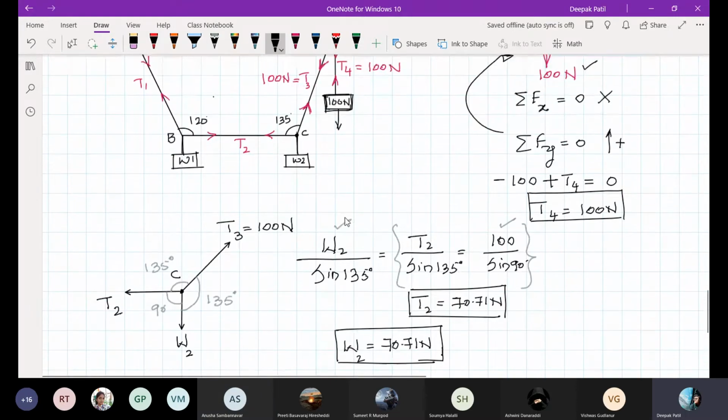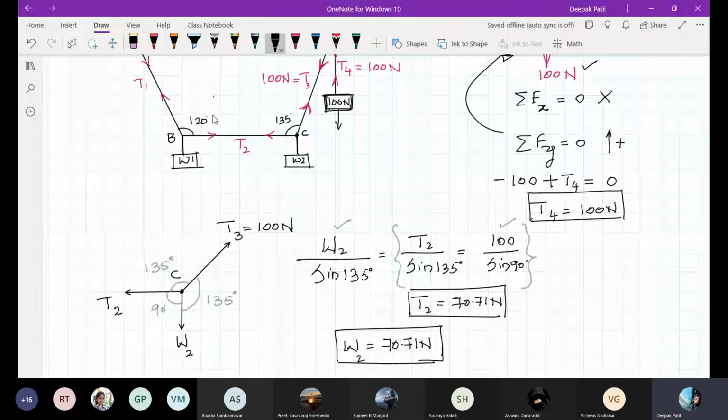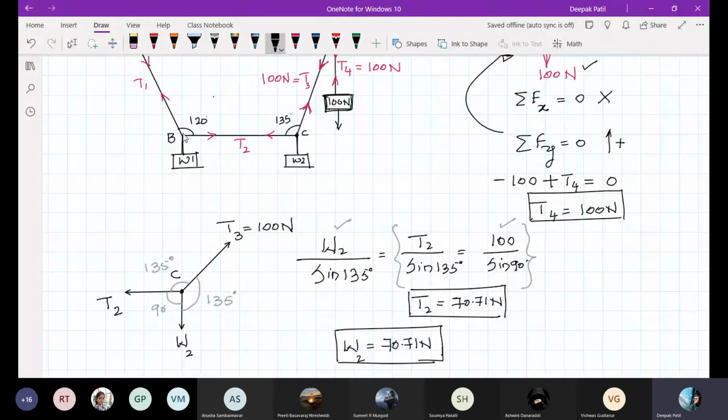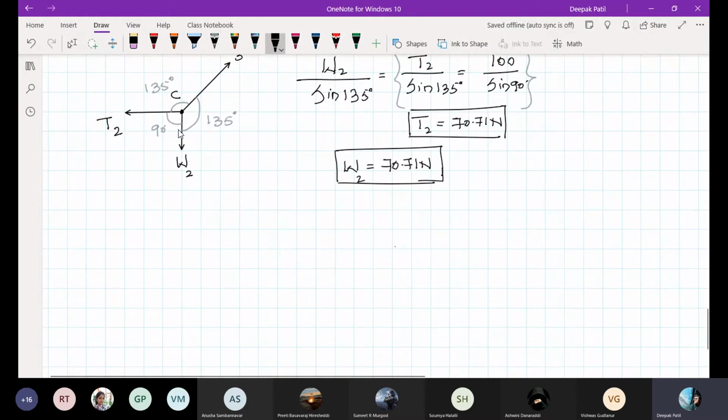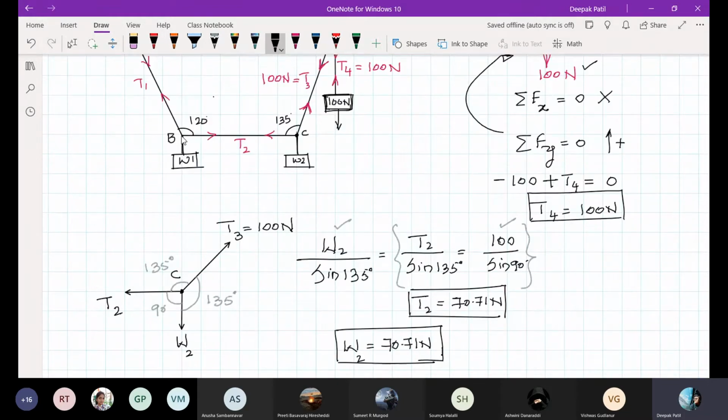Okay, right. So you have applied Lamé's theorem at point C. Now let us take point B, draw all these forces and check whether we can apply Lamé's theorem or not. So this is my point B. One force is acting downwards, I call it W1.